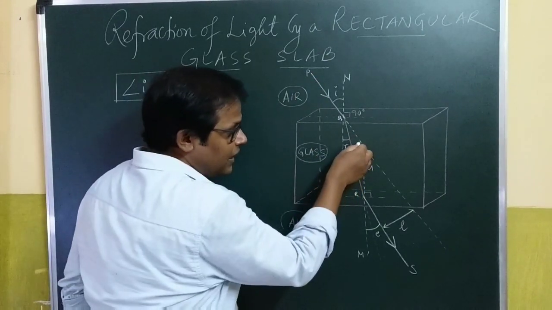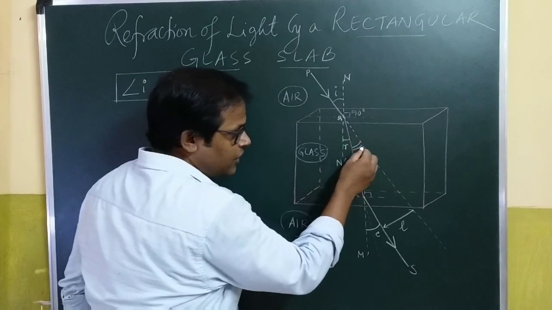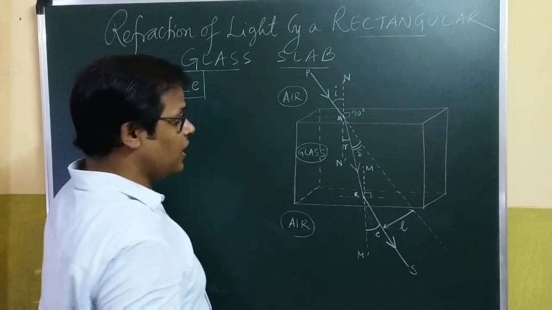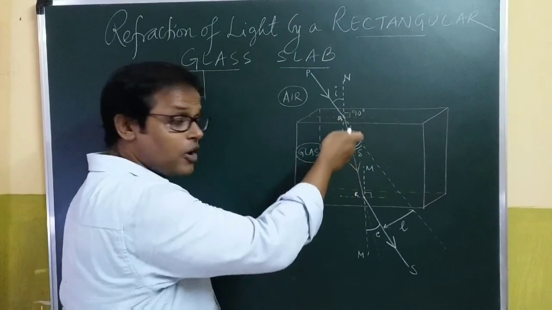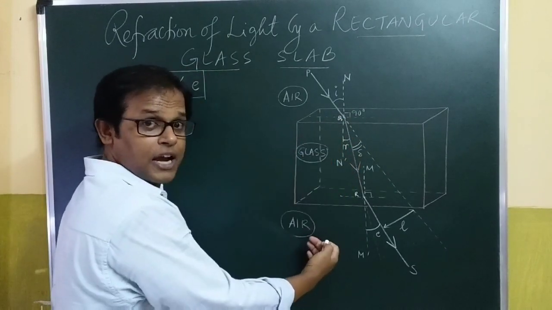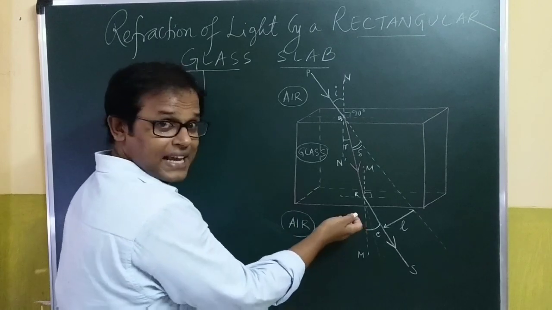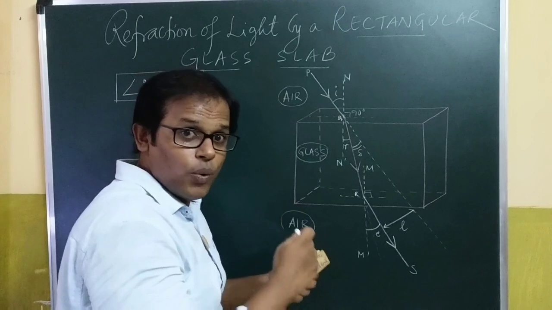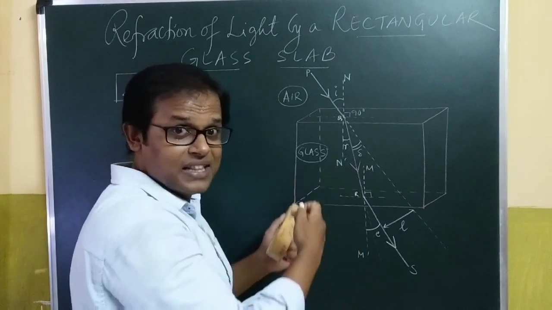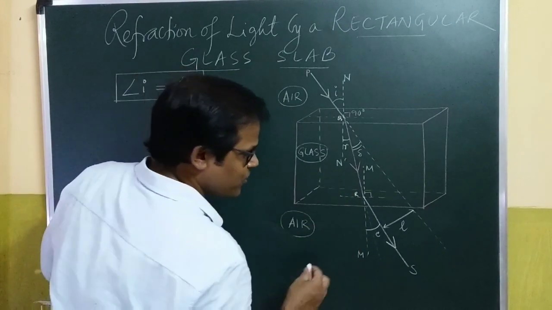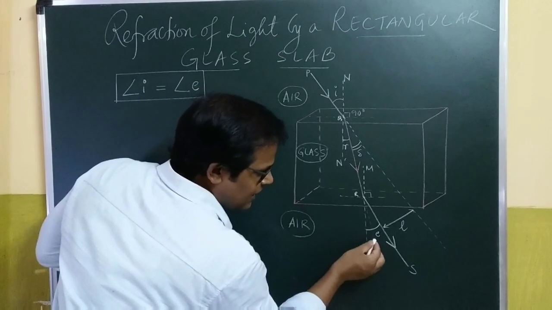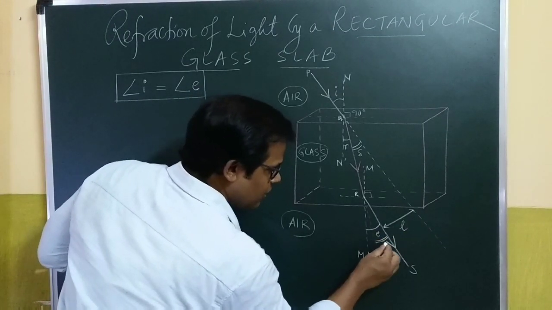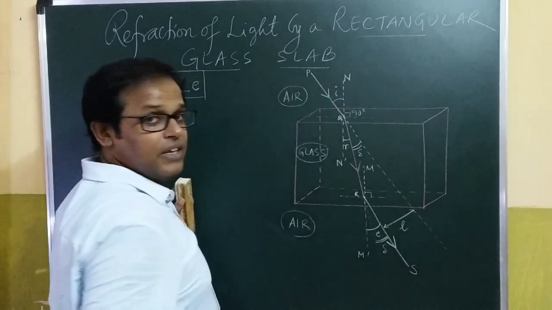So it is bending and creating a small angle of deviation, delta, at the first phase. Good. Now the same ray of light traveling from glass back to the same kind of air medium at the second interface, you will find that it will be bending now away from the normal because it's going from denser to rarer medium. So this tiny angle will be your angle of deviation.